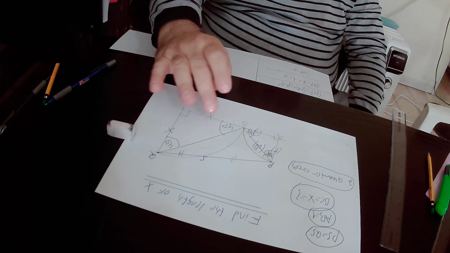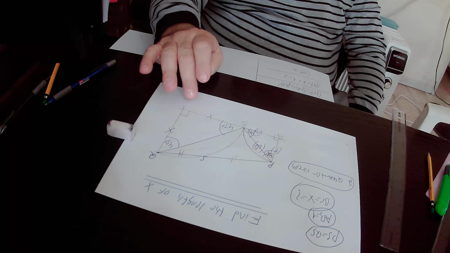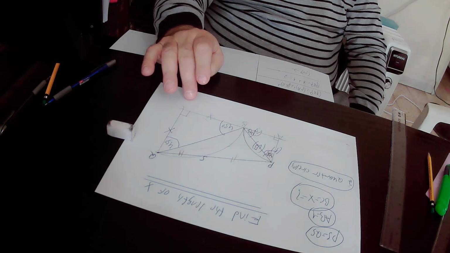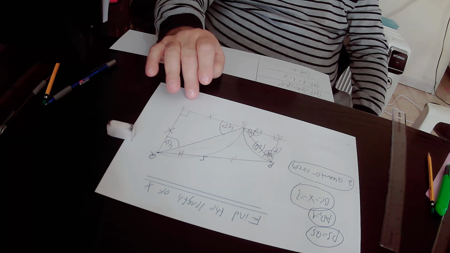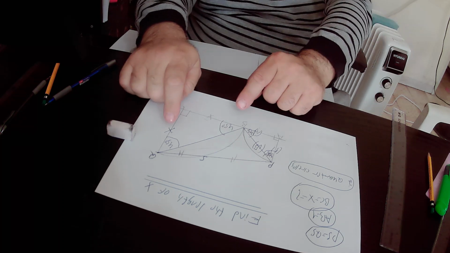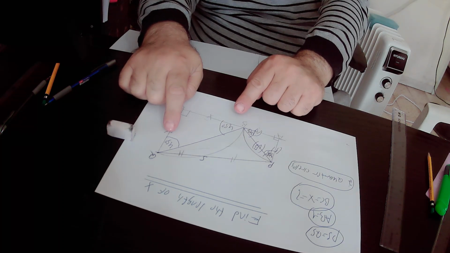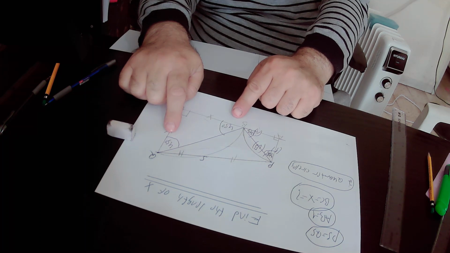That is to say, alpha plus alpha, that is 2 alpha, plus 90 degrees equals 180 degrees. We subtract 90 degrees from the equation, and we get that 2 alpha equals 90 degrees. We divide the equation by 2, and finally we get that alpha equals 45 degrees. So each of those two angles is equal to 45 degrees in size.